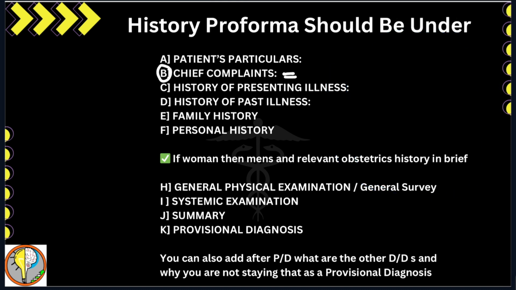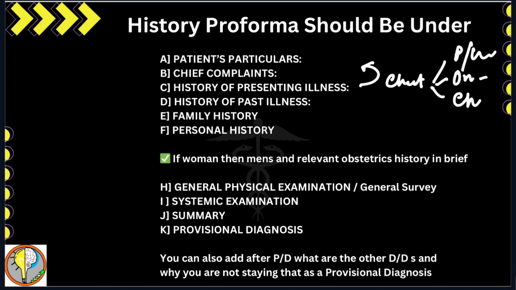Then there will be the history of presenting illness, where you will elaborate the chief complaints you have written. Suppose some patient has angina like chest pain: its position or location, its onset, whether acute or sudden or insidious, its type or character, its aggravating and relieving factors. All these things should be mentioned here.